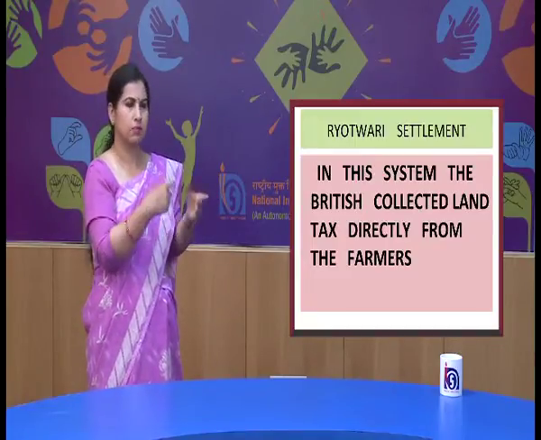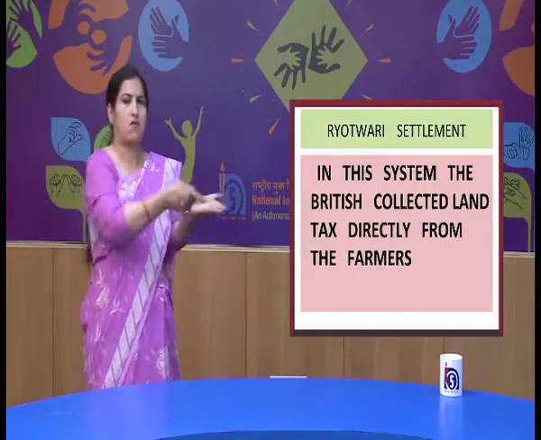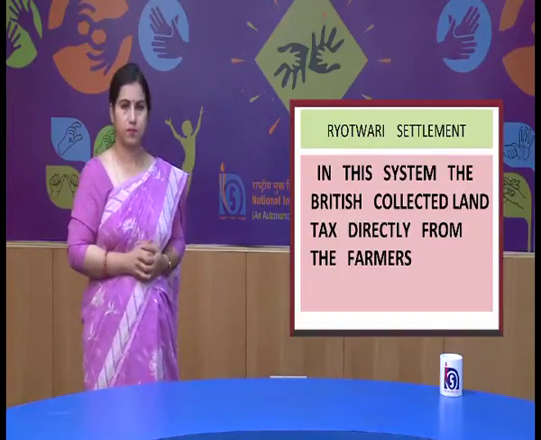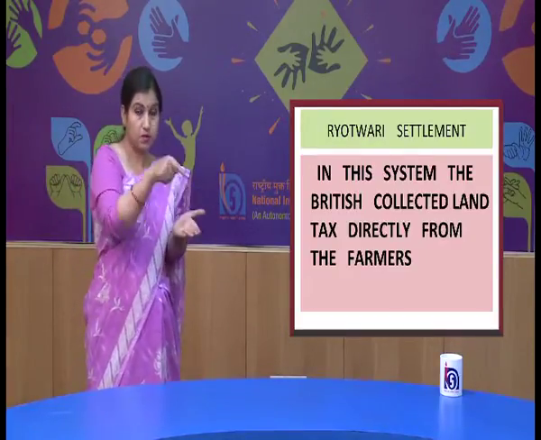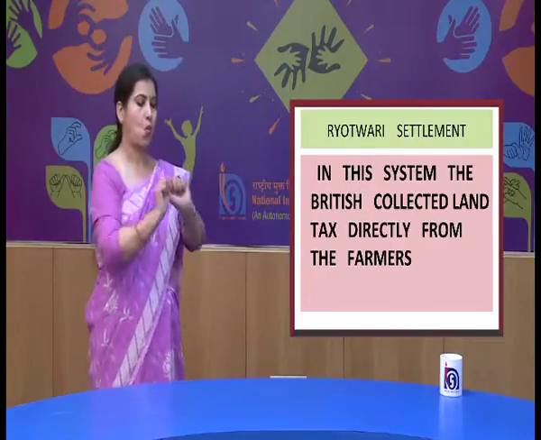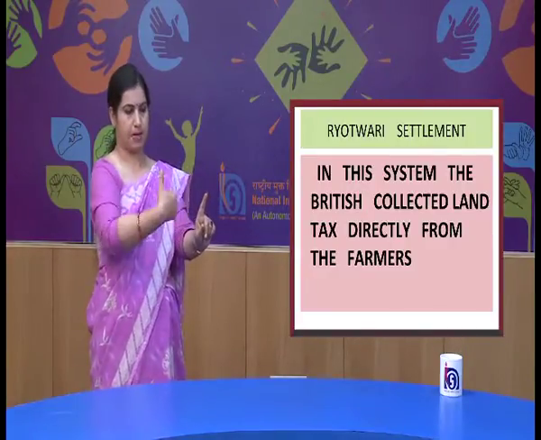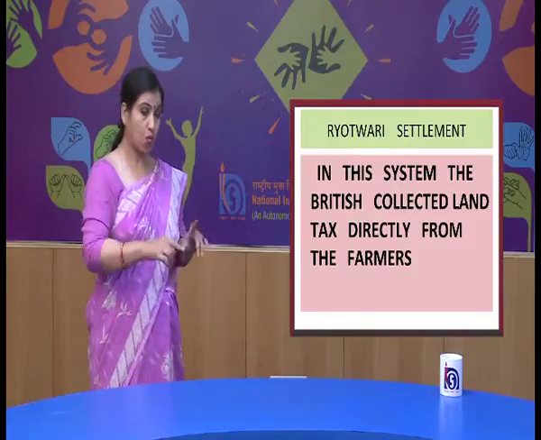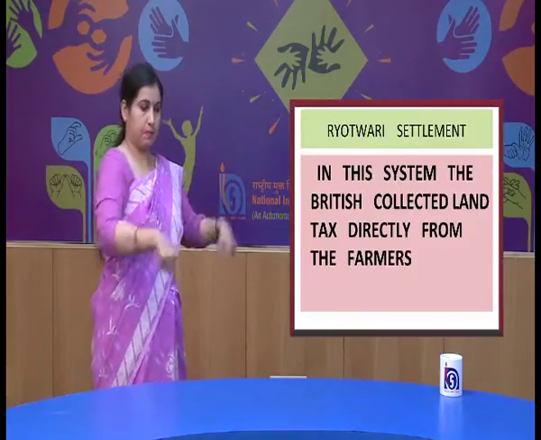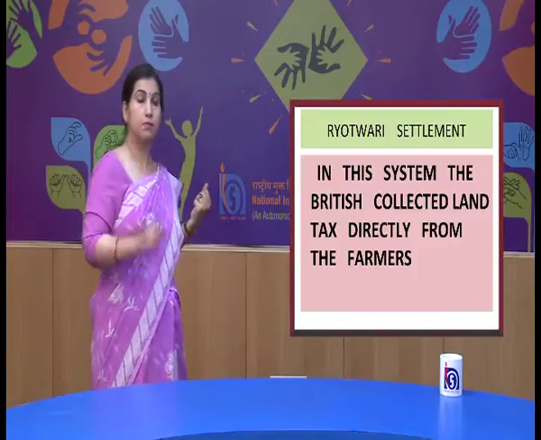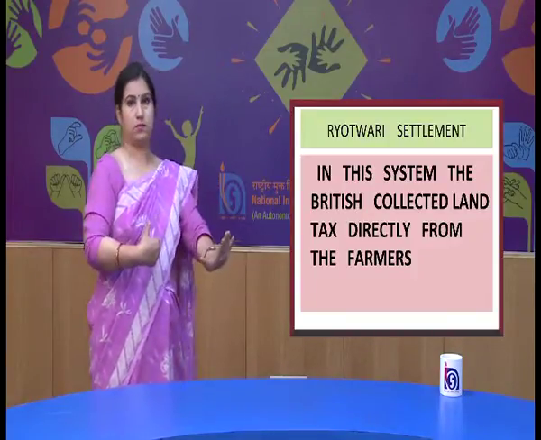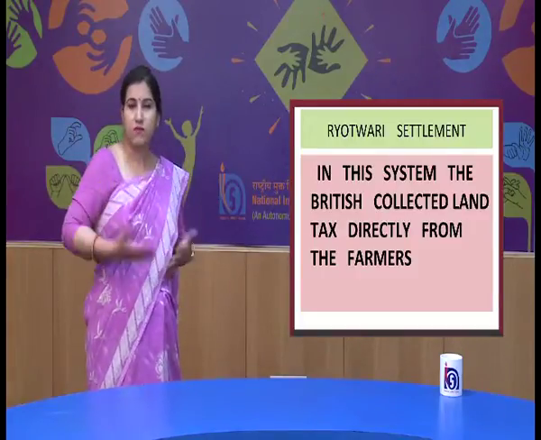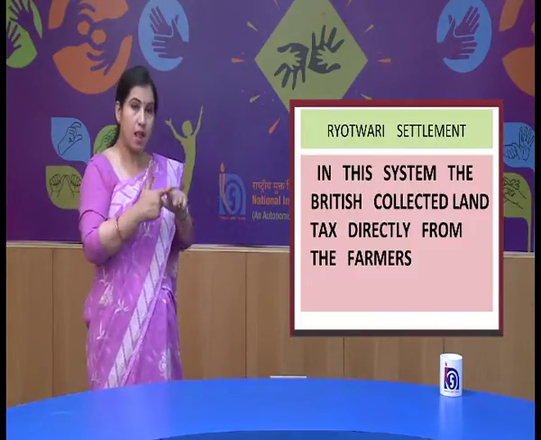Ryots means farmers. The farmer was recognized as the owner of land as long as he was able to pay the tax. However, the condition of farmers did not improve as the rate of land tax was very high.